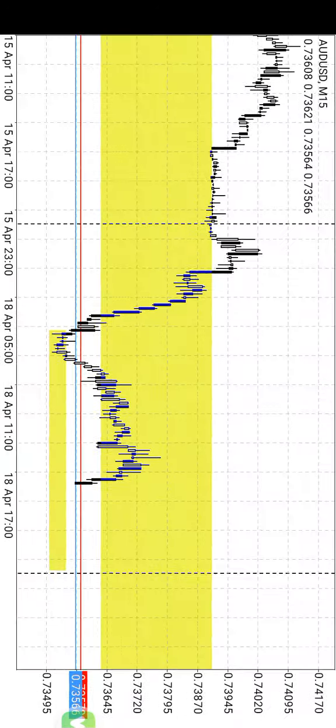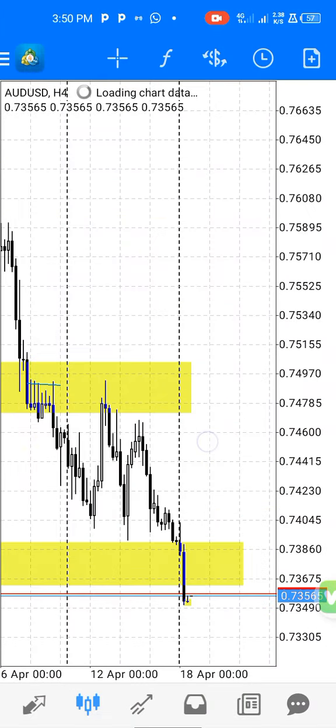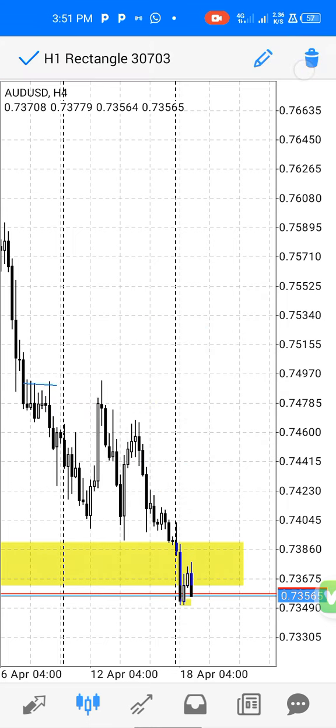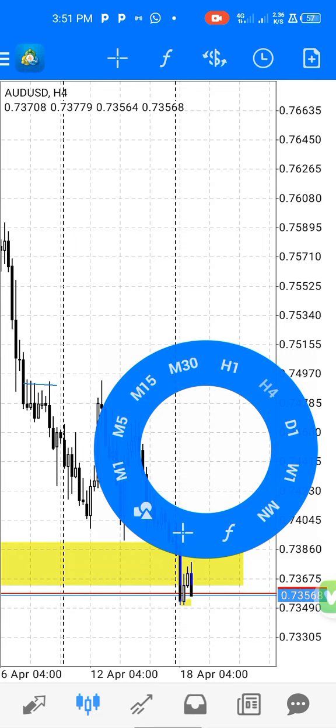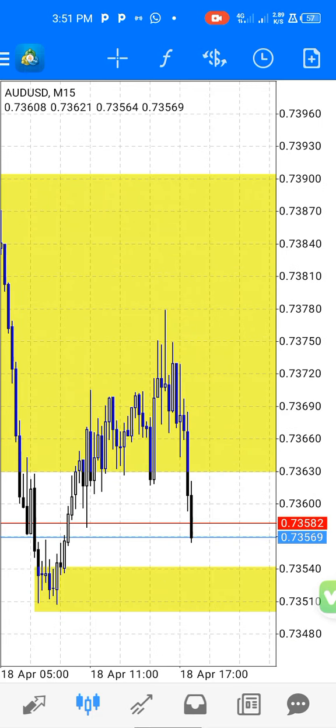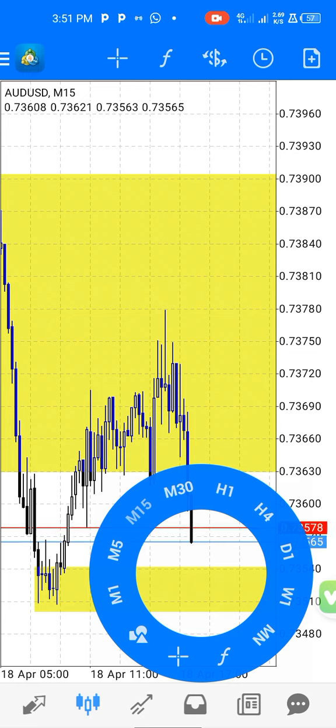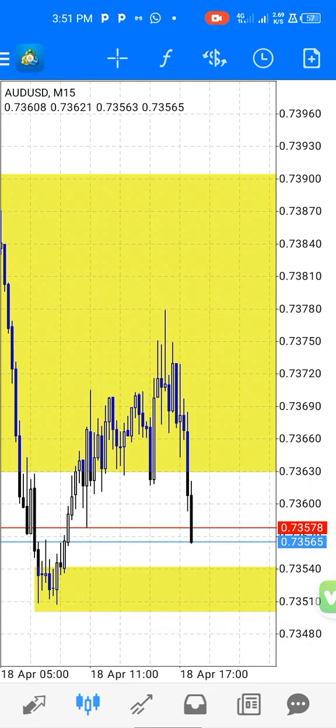That means once price gets back down here, let me delete the bigger one so that we could see this clearly. What I'm trying to say is once price gets back into this area somewhere around here, I expect price to reverse and go bullish.